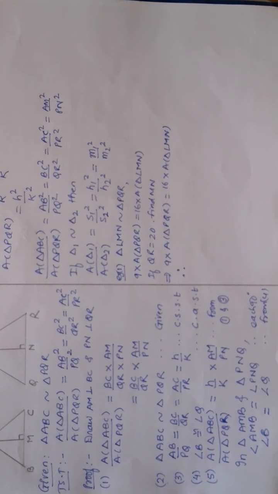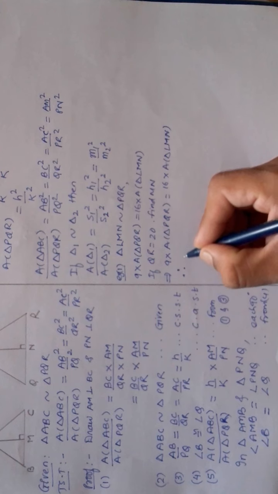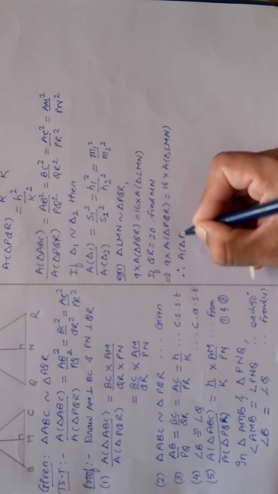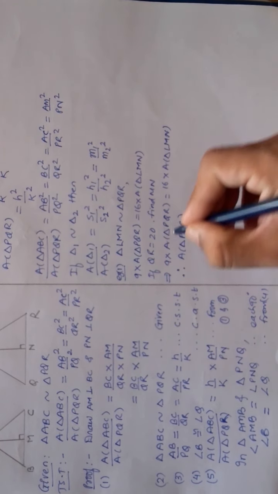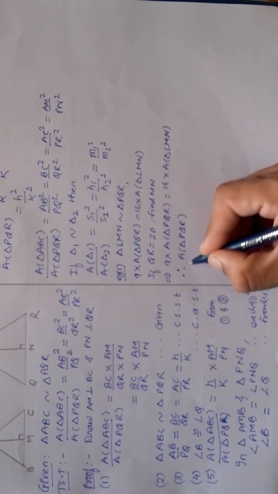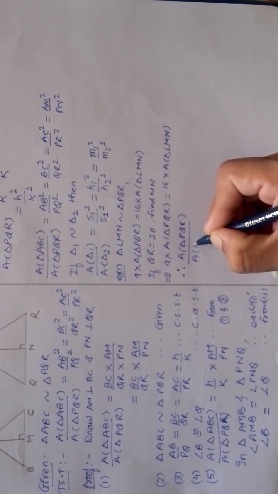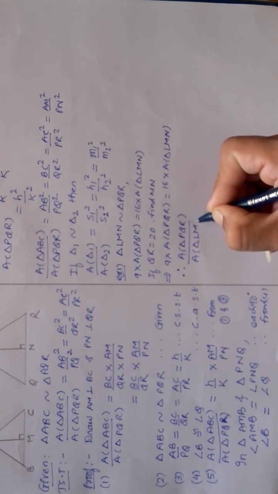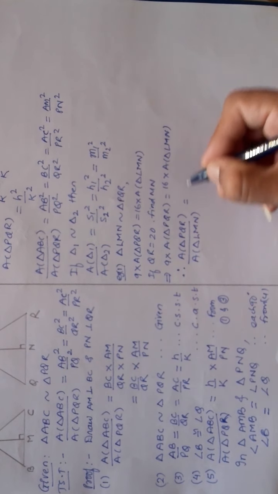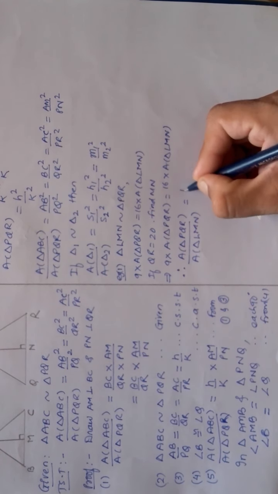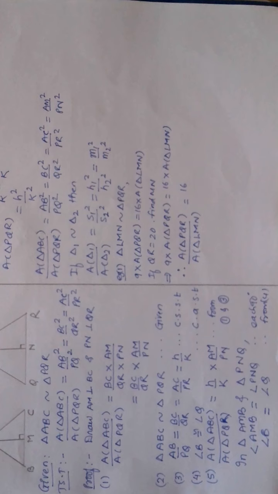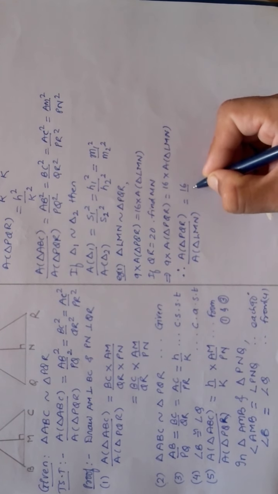Otherwise there is only addition, subtraction, division and multiplication. So here area of triangle PQR, keeping here, this I will bring down, that is to area of triangle LMN will be, this came here, so 16 remained there as it is to 9.